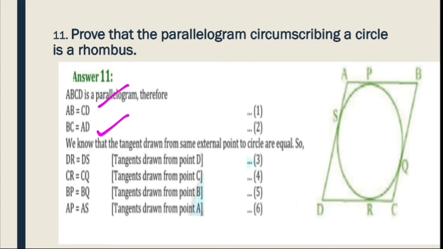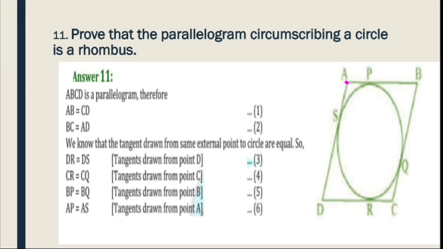Now if you consider the circle, and since A is the external point, you know the theorem, the two tangents drawn from the external point to a circle are equal in length. That is, the lengths of tangents drawn from the external point of the circle will be equal.